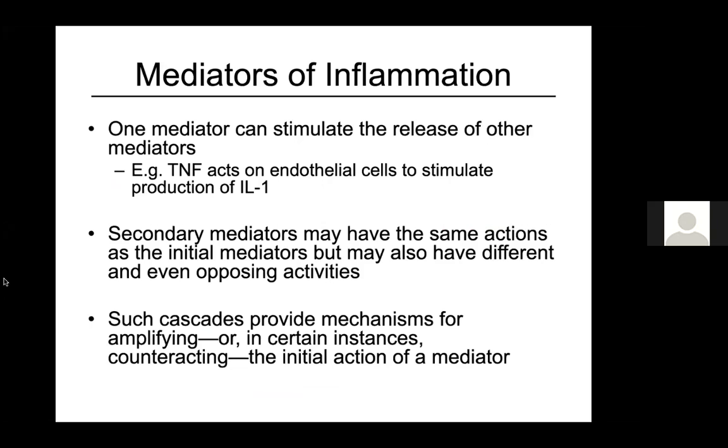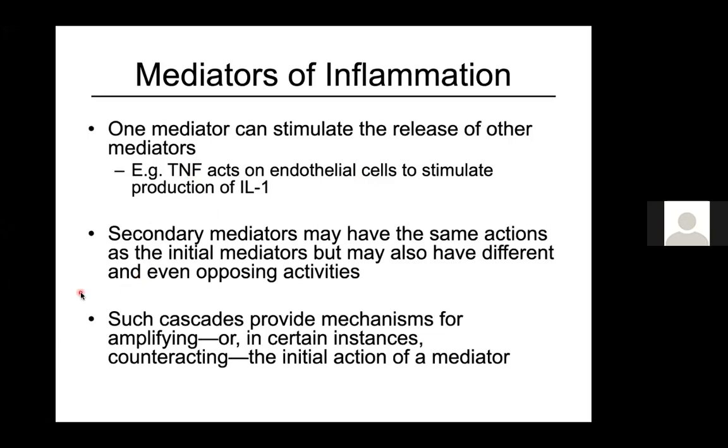Okay, so the things with the mediators, one mediator can stimulate release of others. For example, if a macrophage produces tumor necrosis factor, this can act on endothelial cells to stimulate them to produce interleukin-1. So you get things happening in a cascade fashion, just the same way you get activation of your plasma proteins in a cascade fashion.